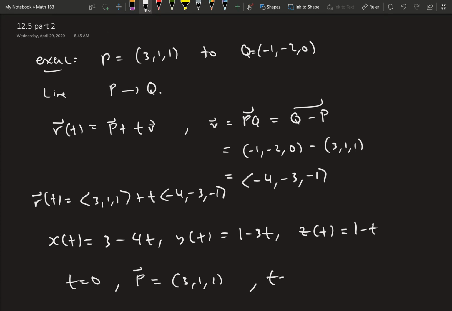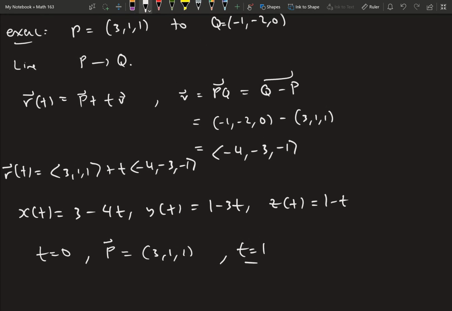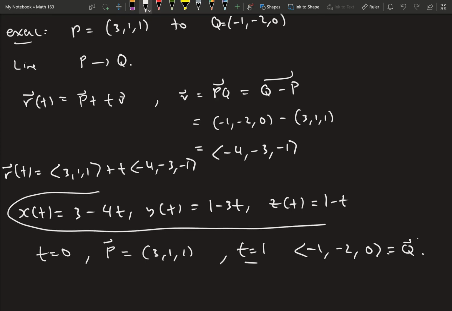And when t is 1, you get the point (-1, -2, 0), which is Q. So indeed, this is the line going from P to Q in positive time, and it's parameterized by these equations.